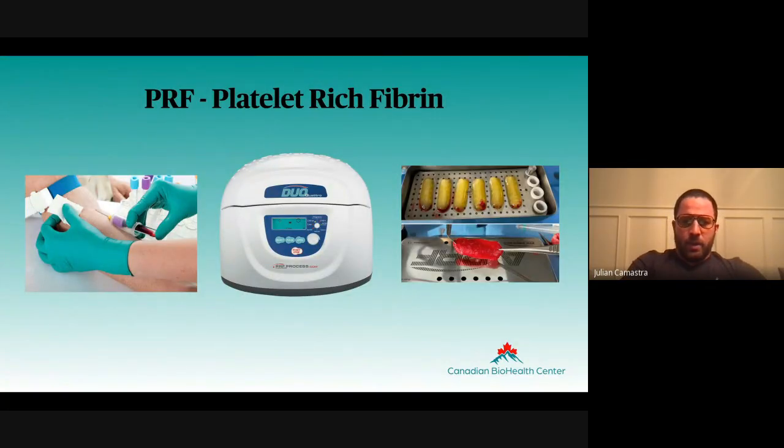Okay, and then you also saw in the video that we treat the sites with ozone gas. So once it's been cleaned out, we use ozone gas to infiltrate and disinfect everything and oxygenate. It also helps improve blood flow more. And then we do the PRF, which stands for platelet-rich fibrin. At the beginning of the procedure, we draw some blood from your arm, and then we spin it in a centrifuge, and then it makes these membranes, which are like gels that are formed 100% from your own blood.